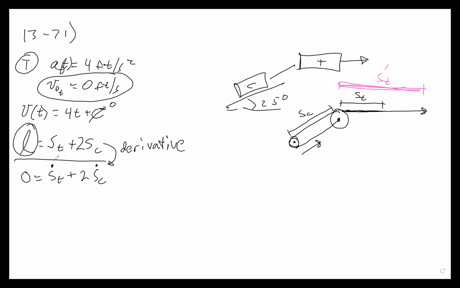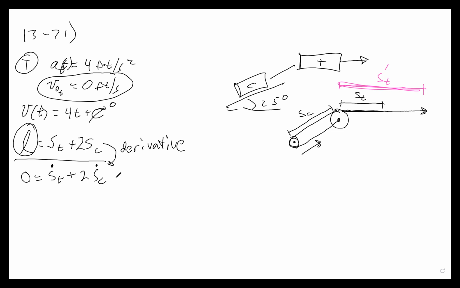I asked you at the beginning of the semester what these dots represent. The dots represent the velocities, or actually the derivatives of functions. S sub t and S sub c can change value, so they are functions, and the dots on top are just the derivatives.